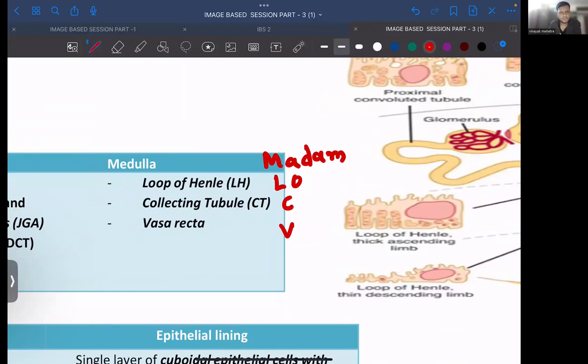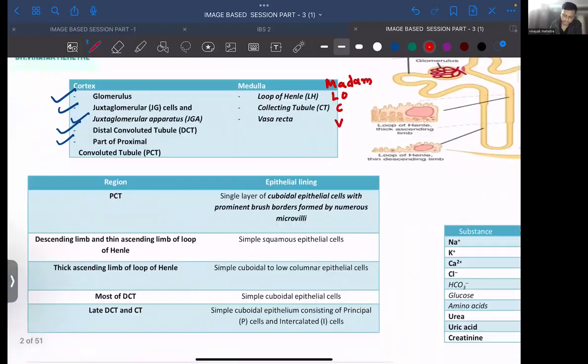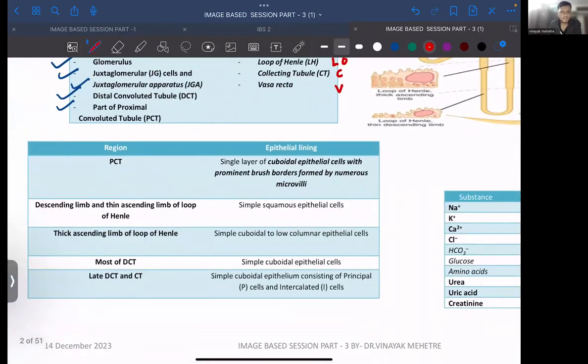Okay, that is one question. Now comes the other question: epithelial lining in the nephron. PCT has cuboidal epithelial cells. The descending limb and ascending limb, which are part of the loop of Henle, have simple squamous epithelial cells. The thick ascending limb has simple cuboidal epithelial cells, and most of the DCT also has cuboidal cells.